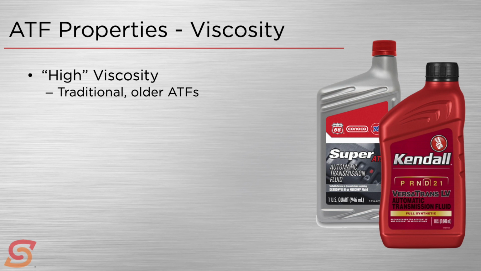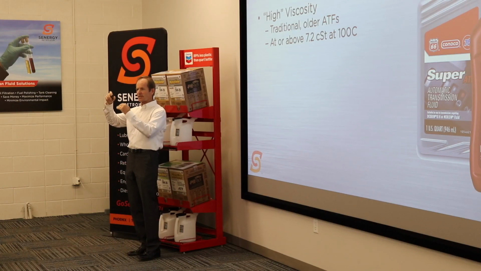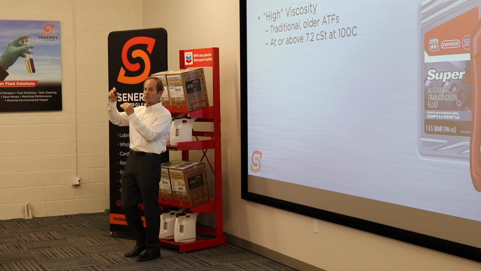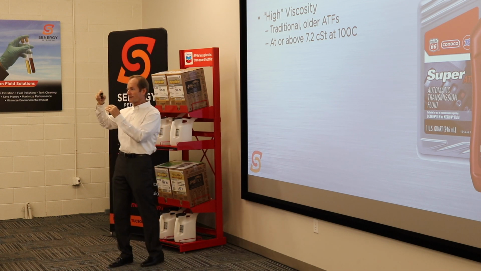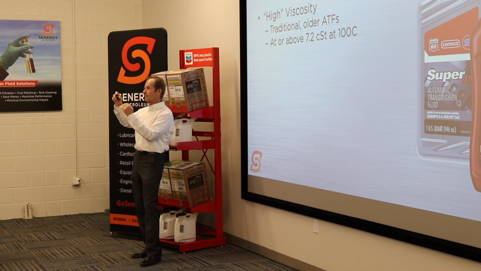They're not quite that different, but they are notably different. The number for a high viscosity product is about 7.2 centistokes at 100 or higher. So 7.2, 7.5, 7.6. These are all typical of a regular Dexron 3 or Mercon; those kinds of fluids were in that range.